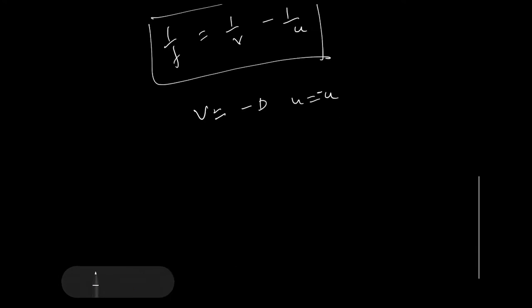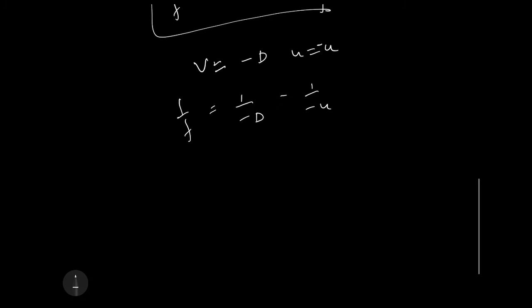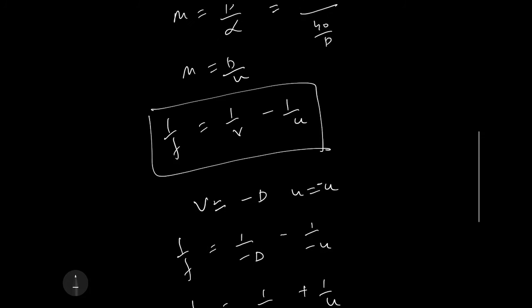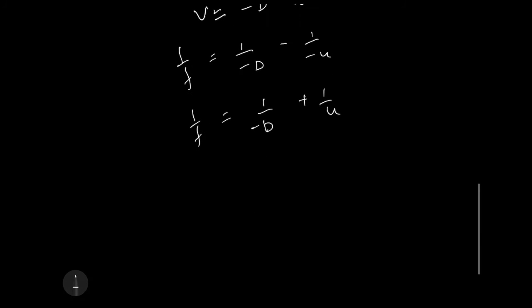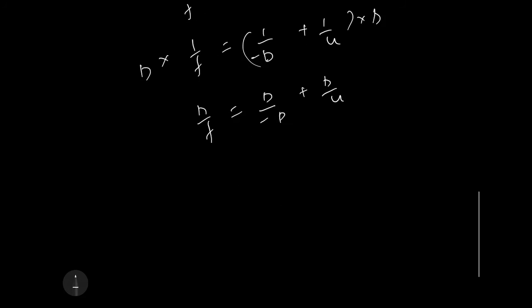So putting these values here, I get 1 upon f is 1 upon minus d minus of minus u, so 1 upon f is 1 upon minus d plus 1 by u. Now our aim is to see if we can get d by u. So say I multiply both sides by d. So d upon f is d upon minus d plus d by u.